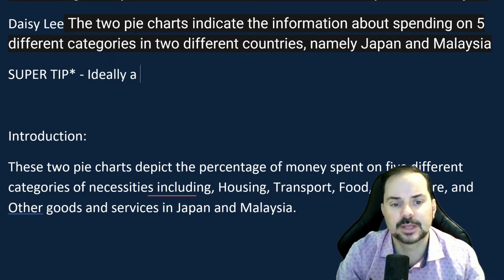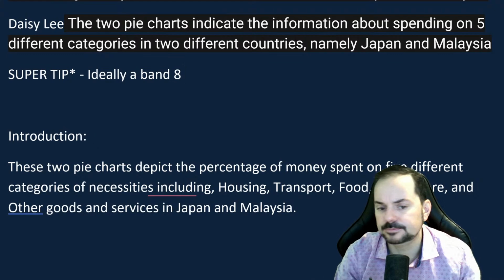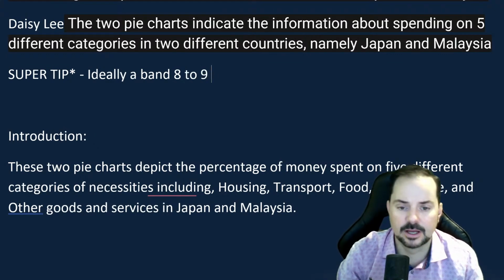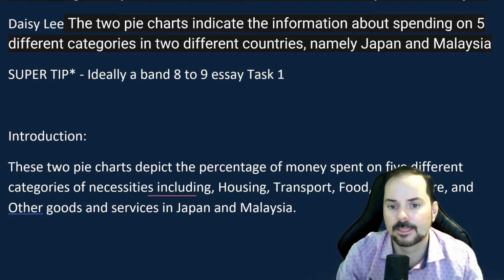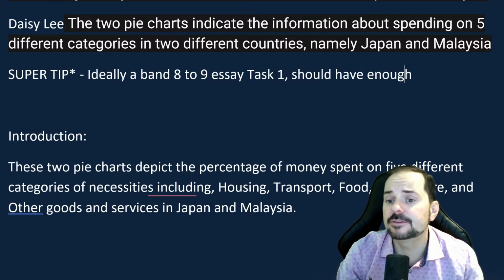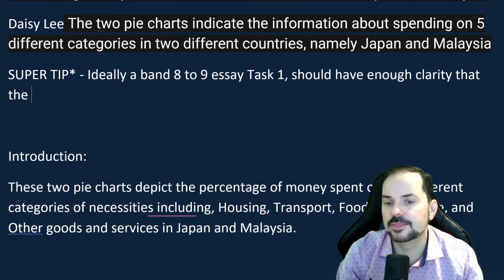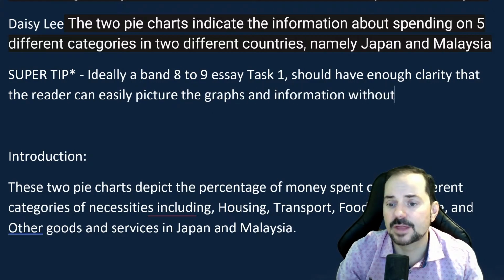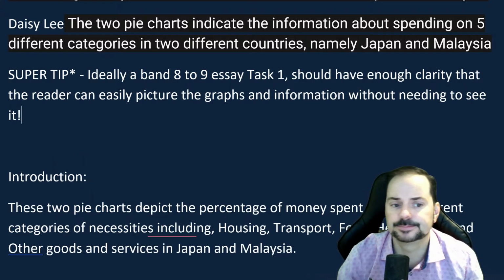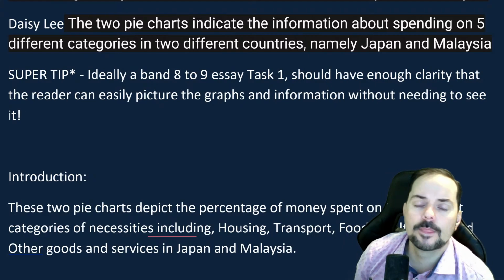Ideally, a band 8 to 9 essay, task 1, should have enough clarity that the reader can easily picture the graphs and information without needing to see it. Okay? So that's the idea.